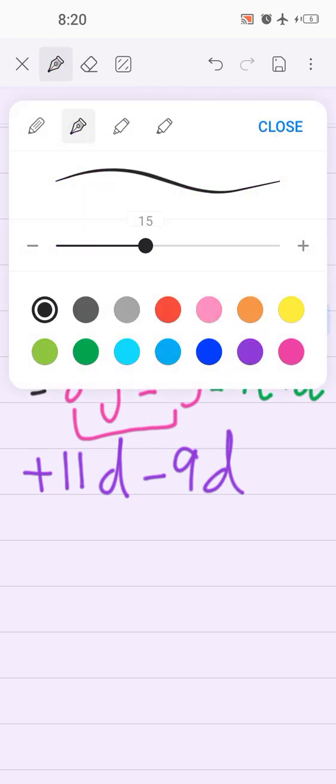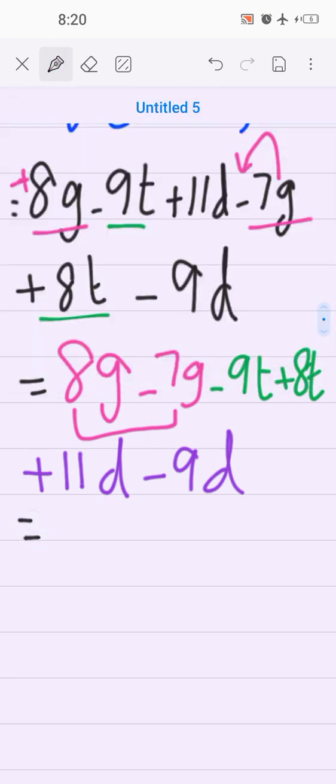Now this is equal to 8 minus 7 which is 1g, which is just g. Different signs: we subtract but keep the sign of the greater number. Here 8 has the greater absolute value, so plus 1. 8 minus 7 is 1g. Similarly, 9 minus 8 gives you 1, but you do not write it.